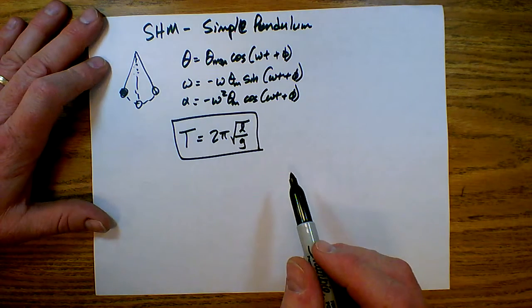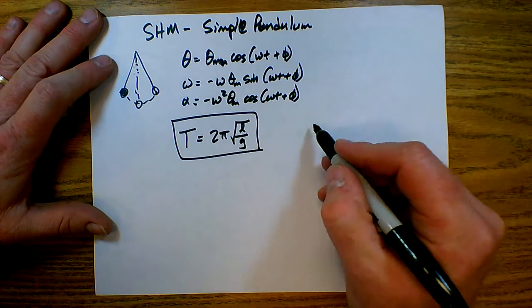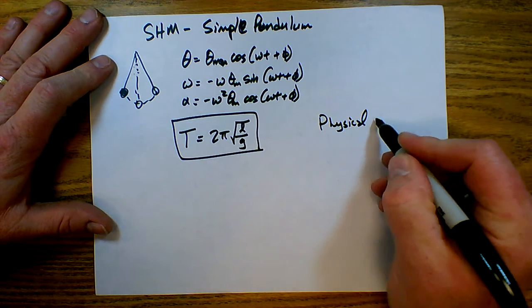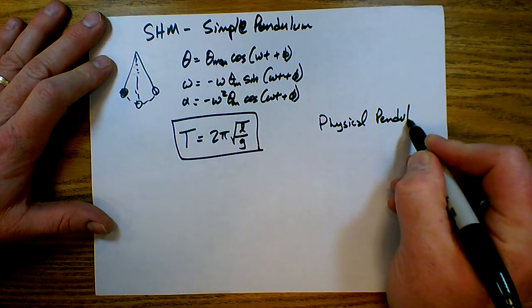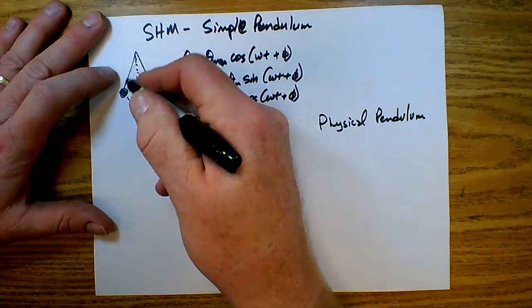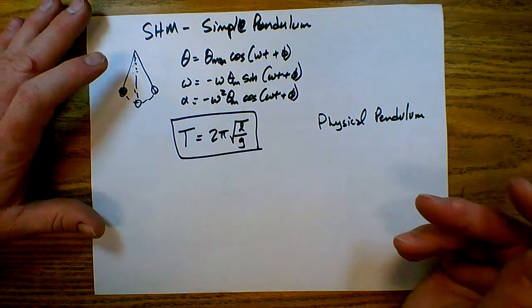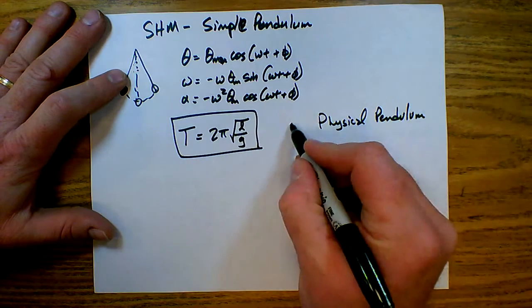Another type of simple harmonic motion that you may encounter is what I call the physical pendulum, or the solid pendulum. Physical pendulum basically means I take a solid object, not a massless or negligible mass string with a weight, but let's say I take a uniform rod and I pivot it at one end.